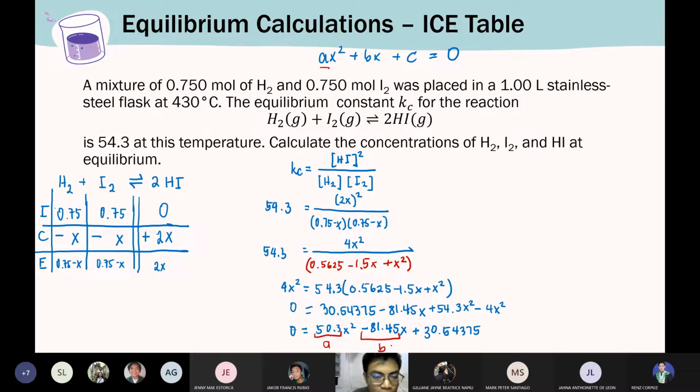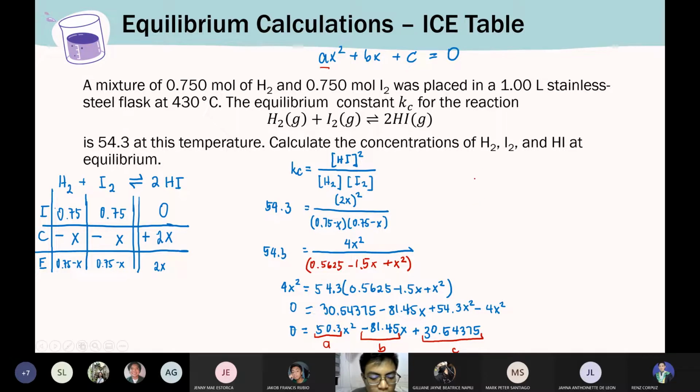And then yung C, yung number lang, that will be your C. Ito yung pina-plug in natin sa quadratic equation. Okay? So, yan yung negative B plus minus square root of B squared minus 4AC over 2A. So, yun yung mga B, A, pati C.